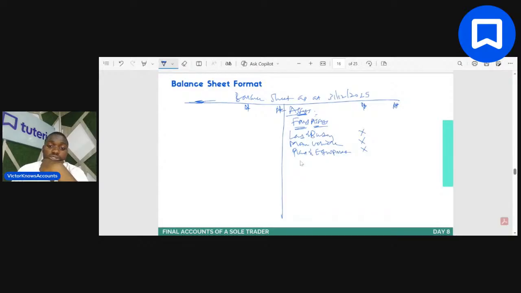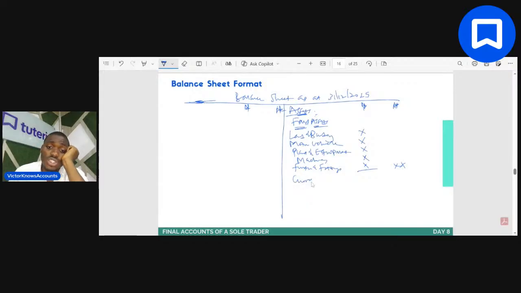Yes, you have machinery. Okay, it's plant and machinery. You have furniture and fittings, and so on and so forth. All right, your intangible assets will also come here. So add everything. These are our total fixed assets.